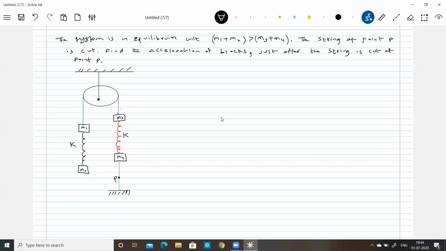I think it is better to consider what happened before cutting, what are the forces acting on the blocks. Better let's have a diagram. Okay, let's go for the diagram first. The weight M2g, the masses.